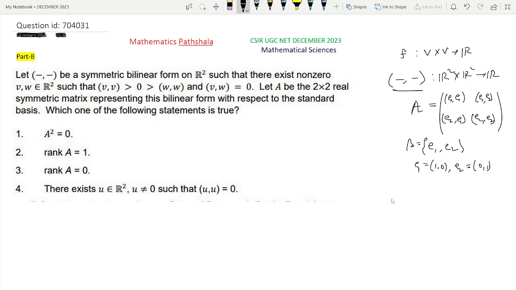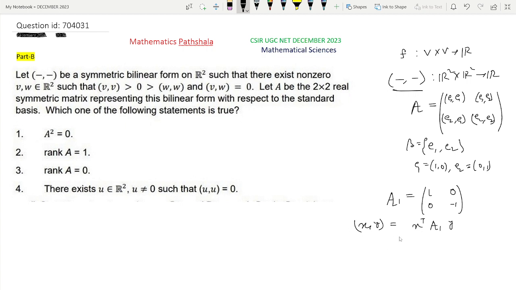For this, let us take a 2 by 2 diagonal matrix A1, equal to (1 0; 0 -1), and consider the bilinear form (x,y) defined by x transpose A1 y.